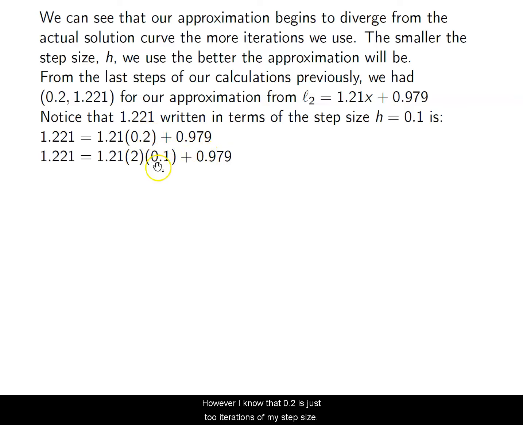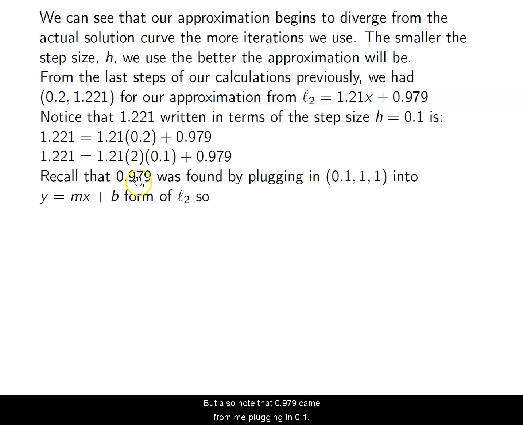However, I know that 0.2 is just 2 iterations of my step size, okay? But also note that 0.979 came from me plugging in 0.1 into my y equals mx plus b form of L2, right?